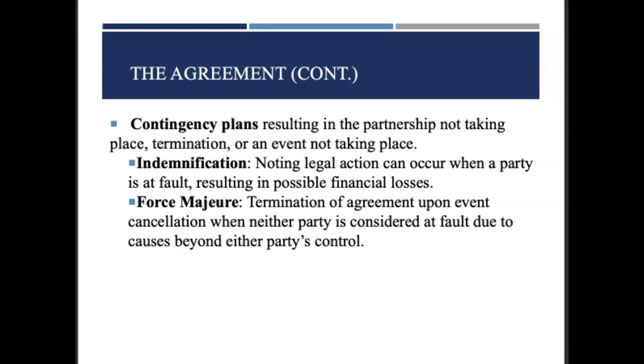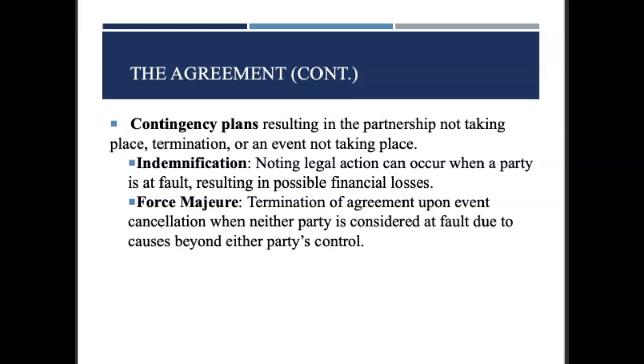And in agreements we also need to include what's called a contingency plan. Contingency plan is how we're going to react if things do not go as well as we planned. Maybe the event got canceled. Maybe the sponsorship is not implemented as planned. So there are 2 types of things we need to include.